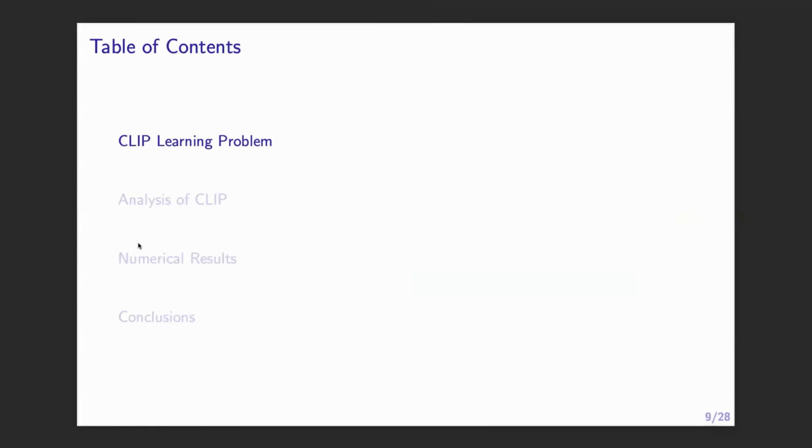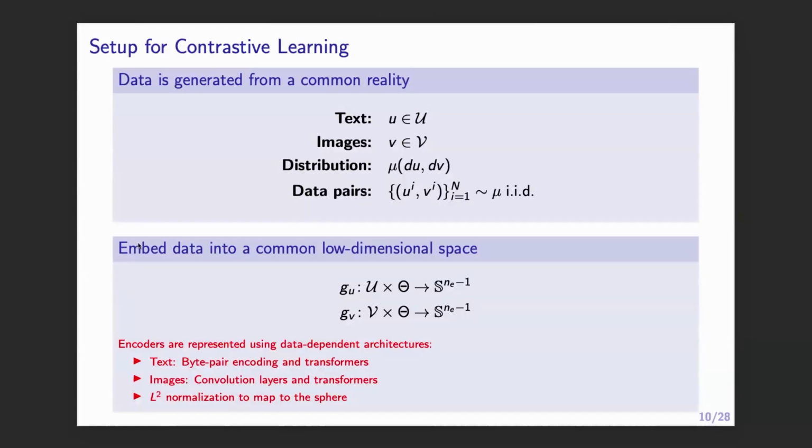So first, for the learning problem, I'll introduce a little bit of notation. I'll present this all in the context of text and images, but it does also extend to more general problems. So for today, we're going to represent text as a variable u in some space, curly U, and images v in this space, curly V.